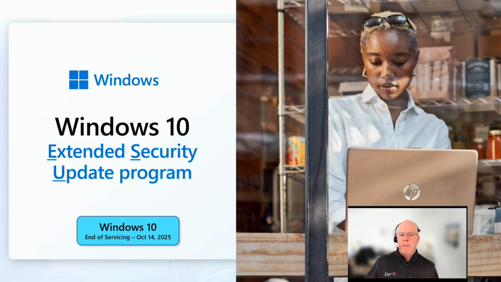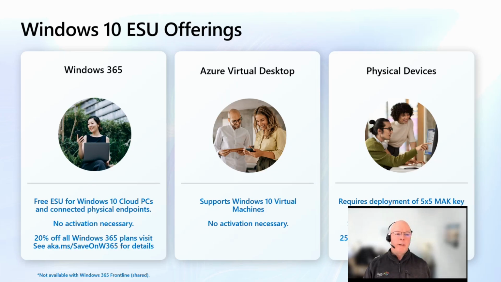It's pretty pricey, or you can give everyone the option to go into Windows 365. And that applies the Extended Security Update program where you do get all of your security updates in the cloud on Windows 365. Right, here's just a couple of offerings where that applies: Windows 365, Azure Virtual Desktop, as well as physical devices.